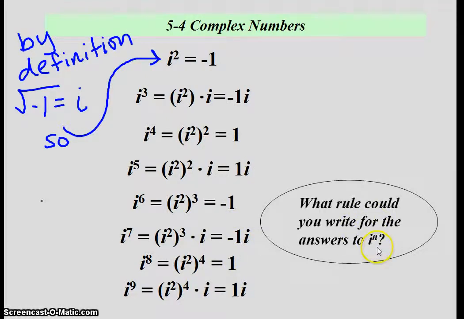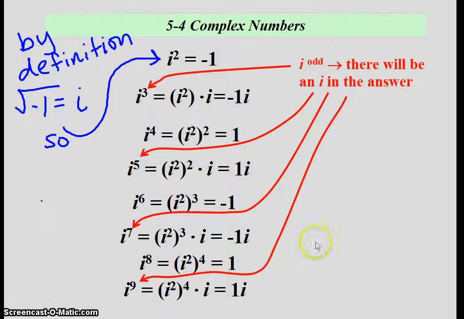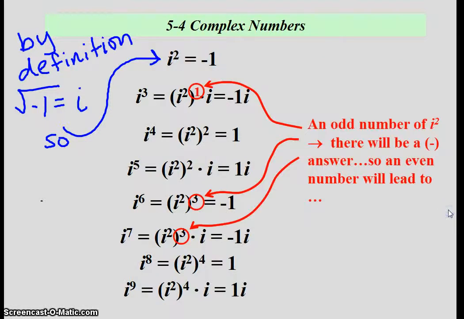So we were beginning to see a pattern developing here. Can I write a rule for any i to the nth power? What are we seeing happening here? We have some positives and negatives. We have some i's sometimes in our answer, sometimes we don't. If I have an odd power, there will be an i in the answer. If I have an odd number of i squares, there's going to be a negative answer.